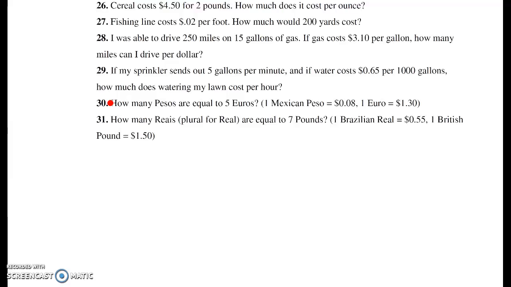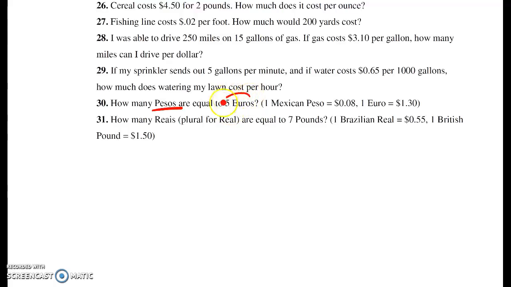The first thing that I would do is look at the units that you want in your final answer. It's asking how many pesos are equal to 5 euros, so pesos is going to be what our final answer is in.